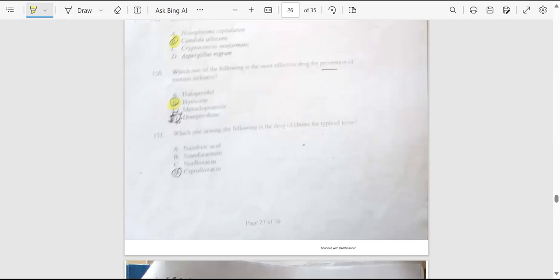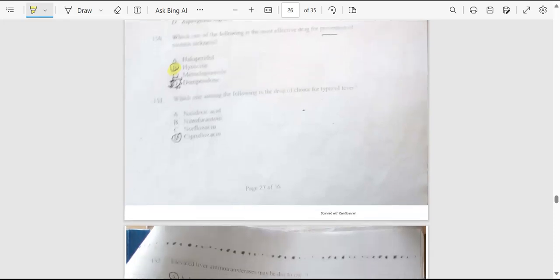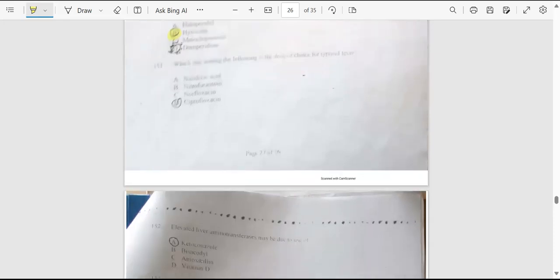Anything else? Which one among the following is the drug of choice for typhoid fever? A. Nalidixic acid. B. Nitrofurantoin. C. Levofloxacin, and D. ciprofloxacin.